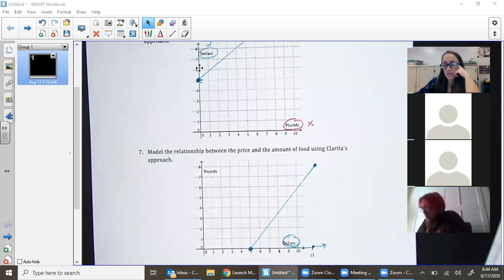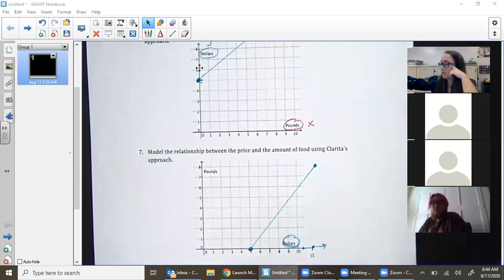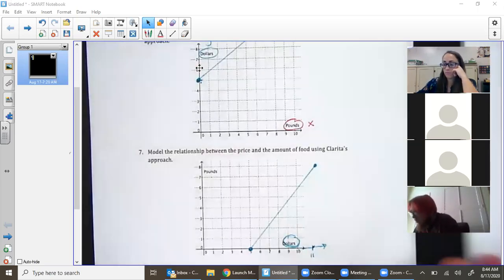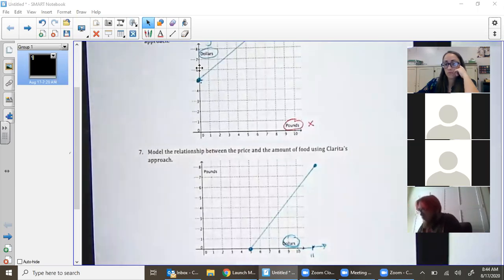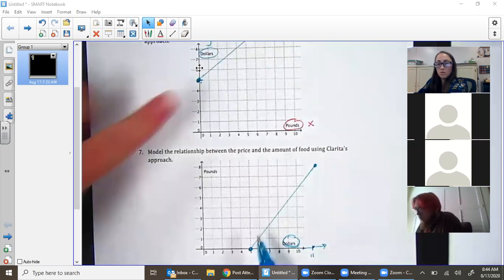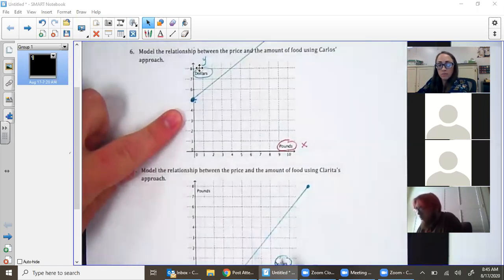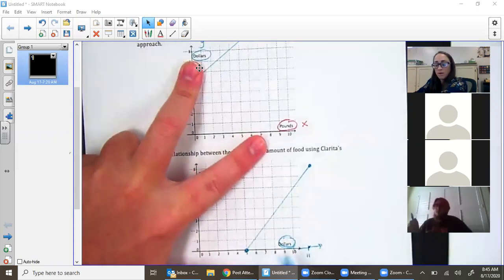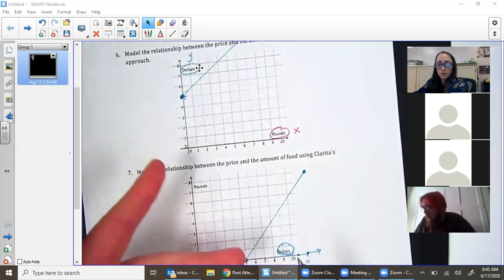Do they show the same information like those last two that we did? Yeah, because they're adding an extra $5 to their amount by shipping. I know the two graphs look different, but they really show the same thing. The dollars and the pounds were just flip-flopped.